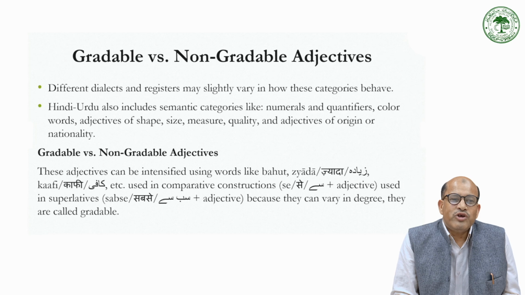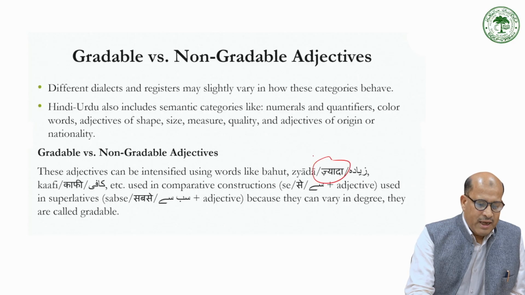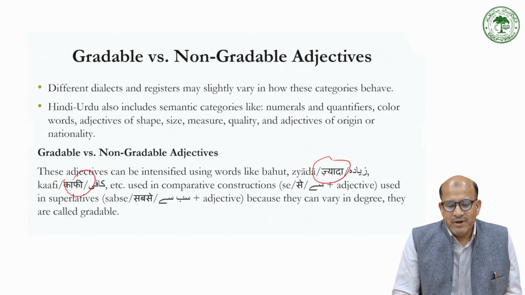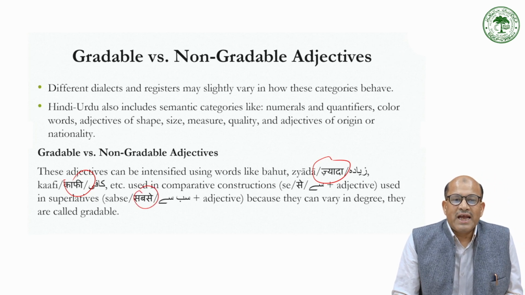Hindi Urdu also includes semantic categories like numerals and quantifiers, color words, adjectives of shape, size, measure, quality, and adjectives of origin or nationality. Gradable versus non-gradable adjectives: these adjectives can be intensified using words like bahut, zyada, kafi, used in comparative constructions with se, and in superlative constructions with subse. Because they can vary in degree, they are all gradable.